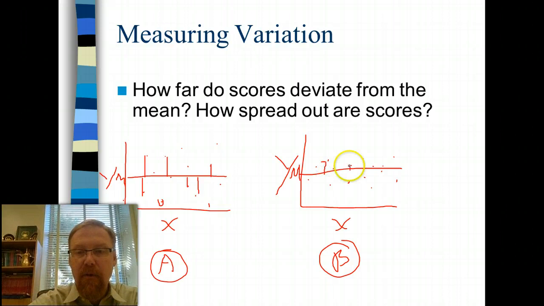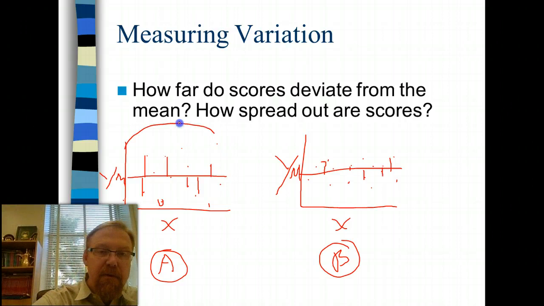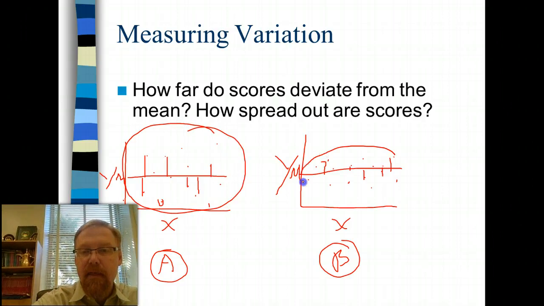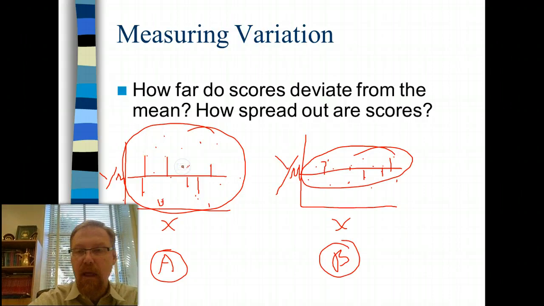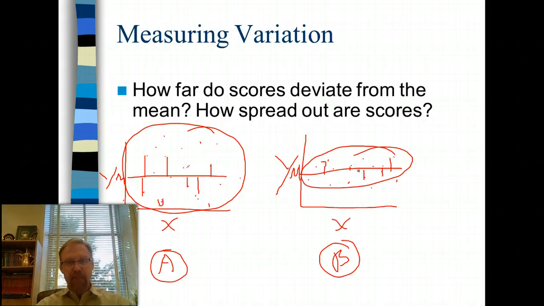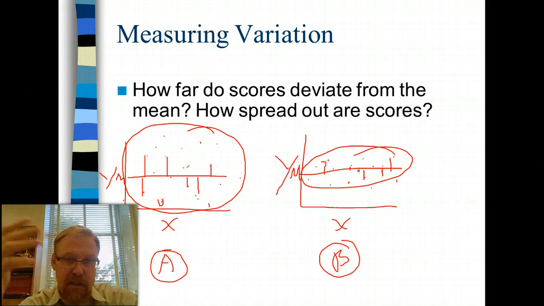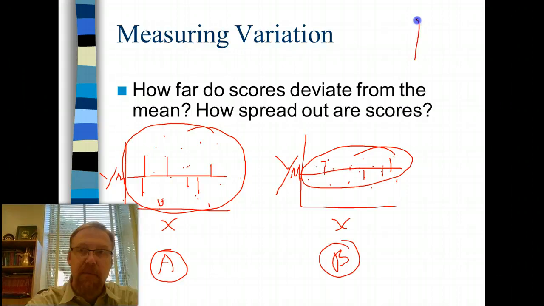You can do the same thing over here. I'm not doing it very well, but you get the picture. We can see that the distribution is much bigger on this side than on this side. In other words, the individual scores are farther away from the mean for sample A than for sample B. When we take the sum of the deviations from the mean, it always comes out to be 0.